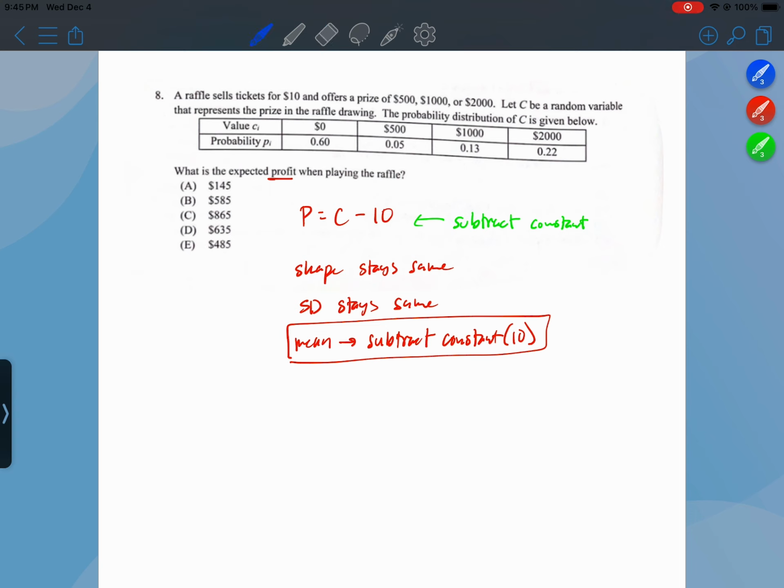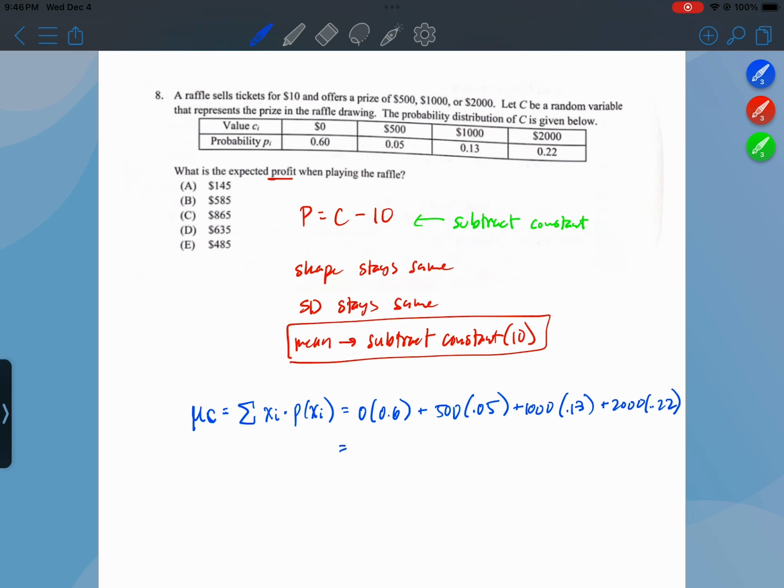So the mean of C is equal to the sum of its values times their probabilities. So 0 times 0.6 plus 500 times 0.05 plus 1,000 times 0.13 plus 2,000 times 0.22.